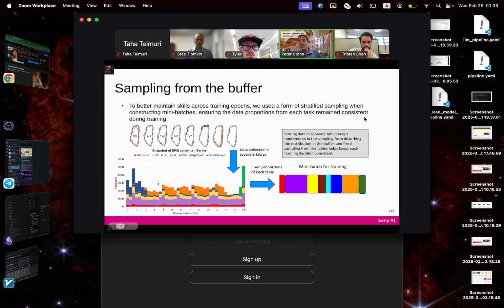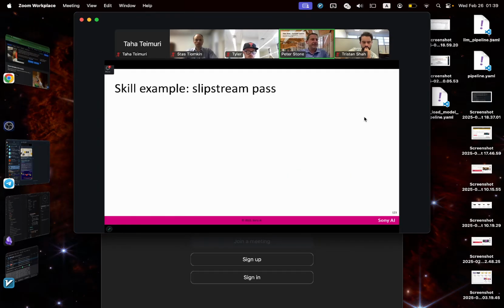And this was done manually for the 2022 paper. Since then, we've come up with ways of automating this. And we do actually stratified sampling. So when I show the proportion here, it's not just that it creates a big pool with this mix of data and then samples from it randomly, but it actually makes sure that the right proportion of data is sampled from each of these bands when it's training the car at that point in the track.